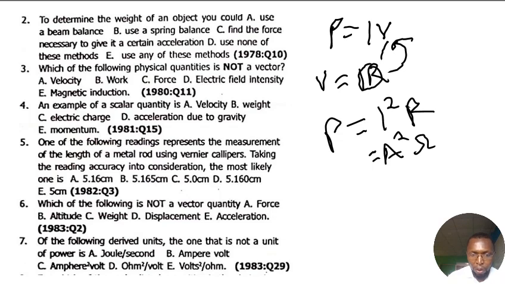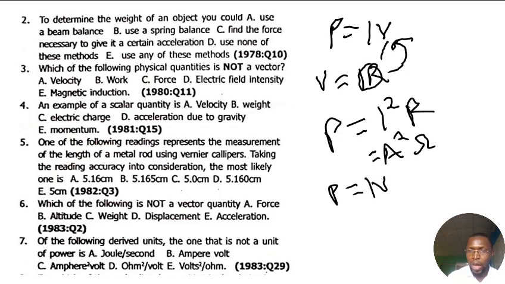Then we also have ohm square volt. Now let us also work it out. When you are dealing with an exam, you have to be very fast. Remember that we said P is equal to IV.